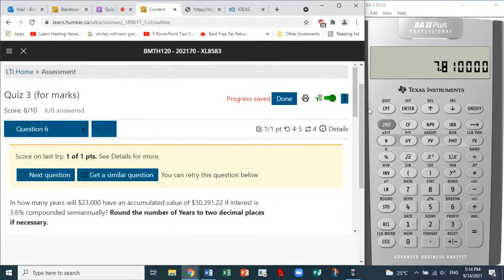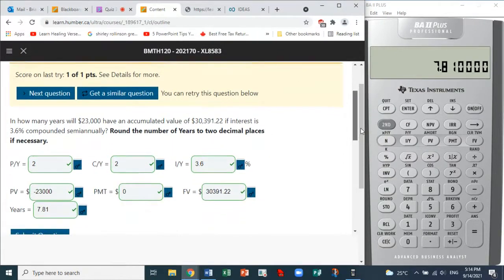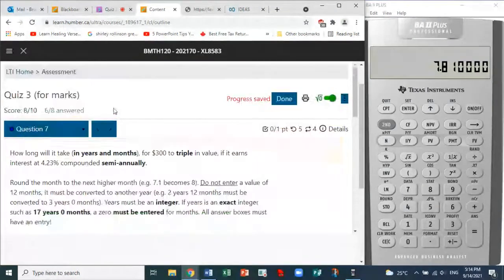No, sorry, that was number 6. Let's go to number 7. How long will it take in years and months for $300 to triple in value?